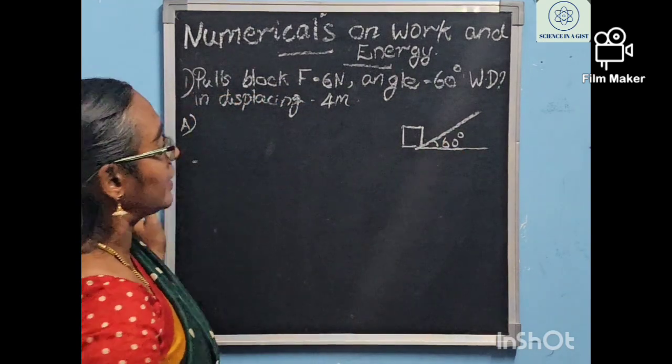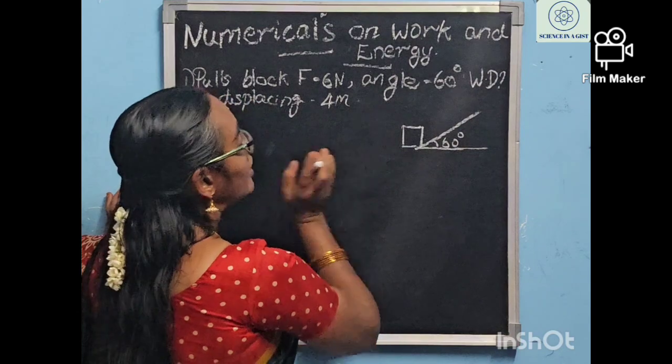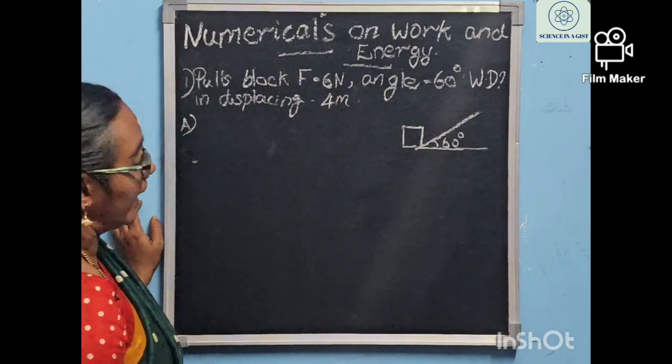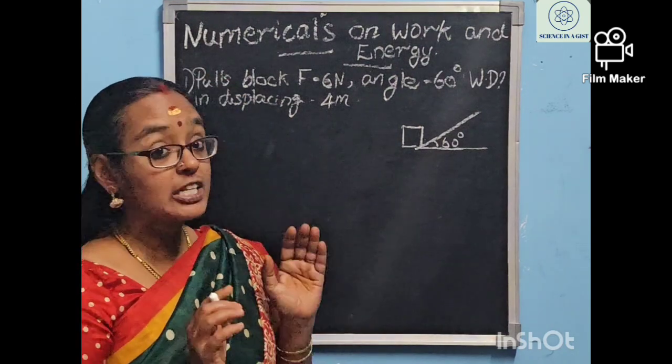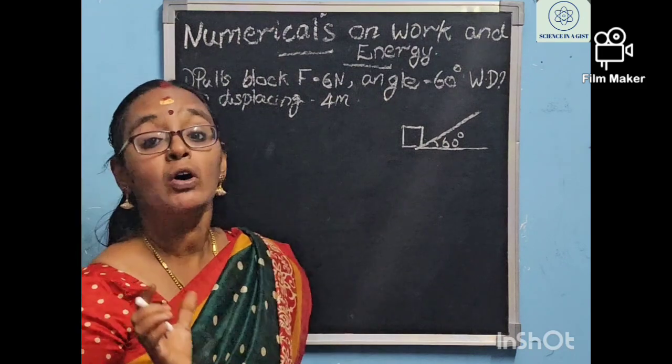He is pulling it with a force of 6 Newton at an angle of 60 degree, and they are asking what is the work done in displacing the distance of 4 meter.